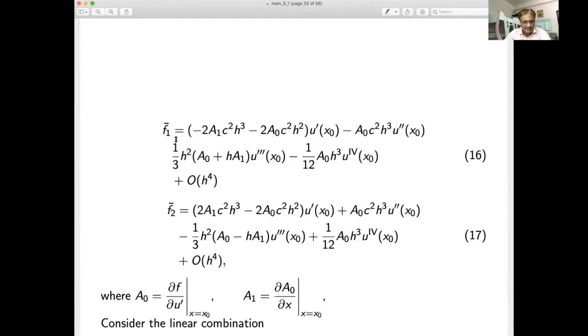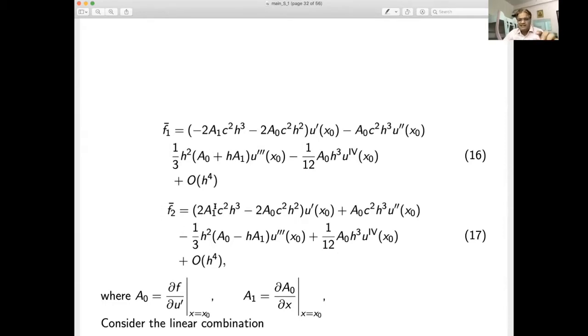I have carried this calculation up to order h4. It gives you many terms, but I restrict to those terms which are useful to us, because beyond that it is of no use, as it consists of higher order terms. So this f1 bar is coming out, and in the same line f2 bar is coming out to get this.